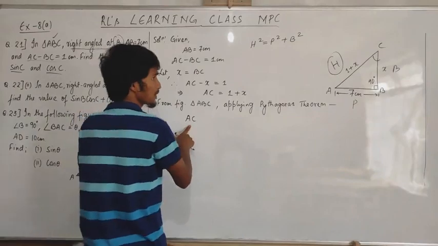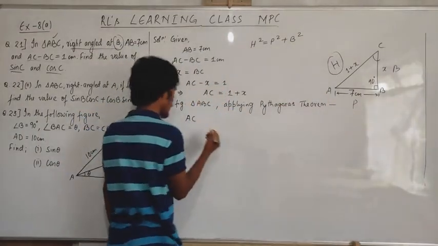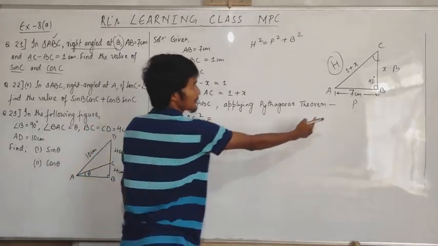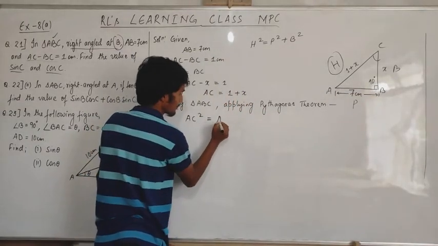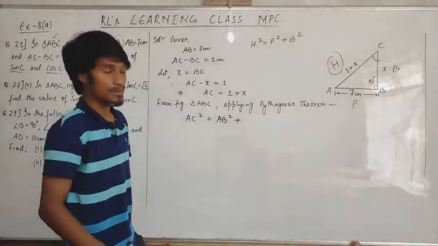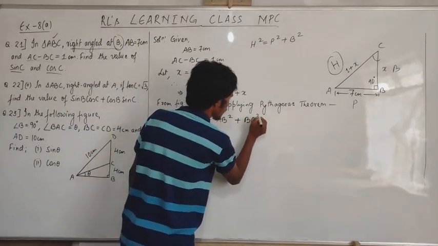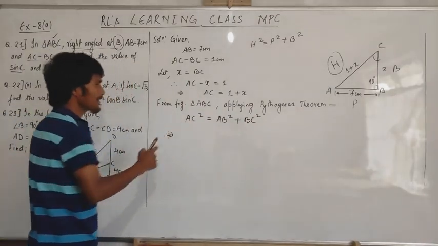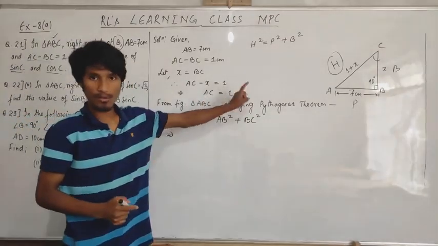Okay, then hypotenuse square, that is, the hypotenuse is AC. According to this formula it is AC square. Then perpendicular here I'm taking as AB, then AB square. Then plus the base, I'm taking it as BC, and put here BC square. Then what's the value of AC? We got the value of AC is 1 plus x.